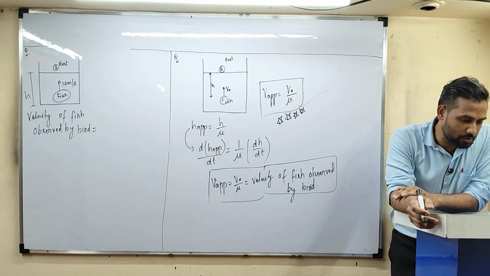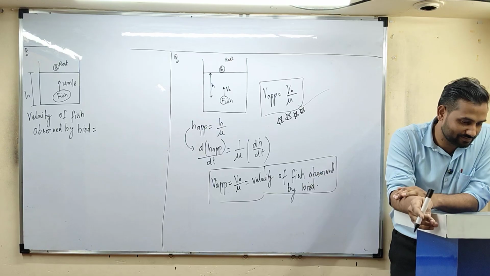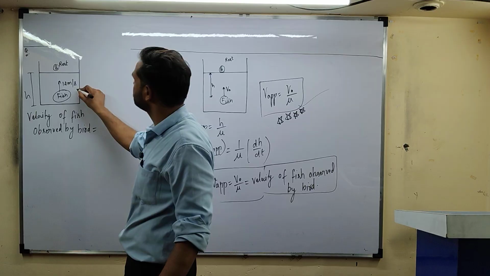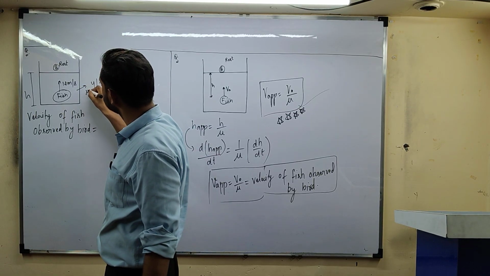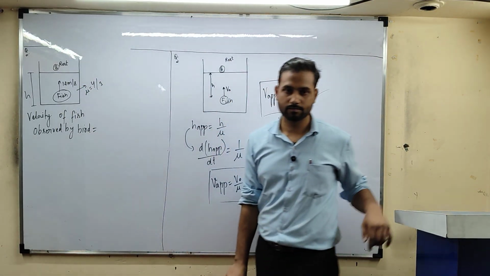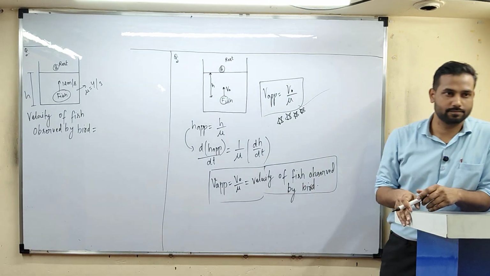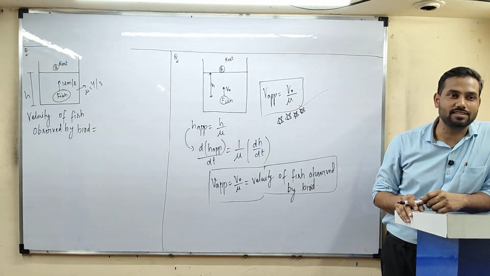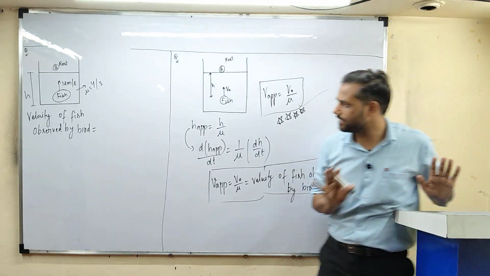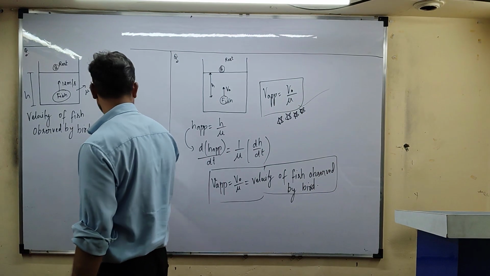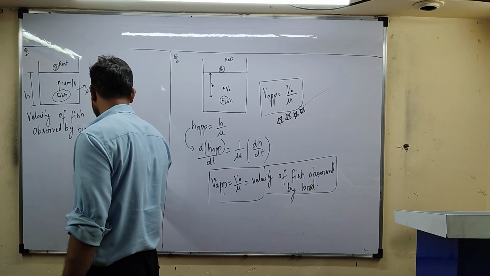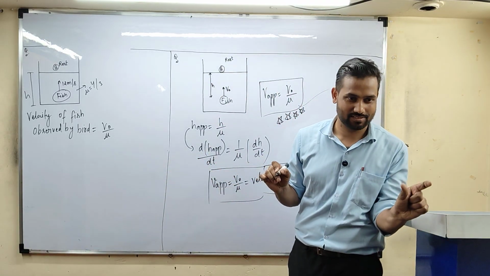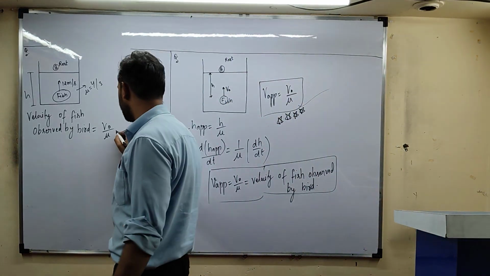The value of mu is 4 by 3, the same, 4 by 3. What is the answer? 9 is the answer. Simple, very simple. Just put the value in the formula: V apparent equals V naught by mu.